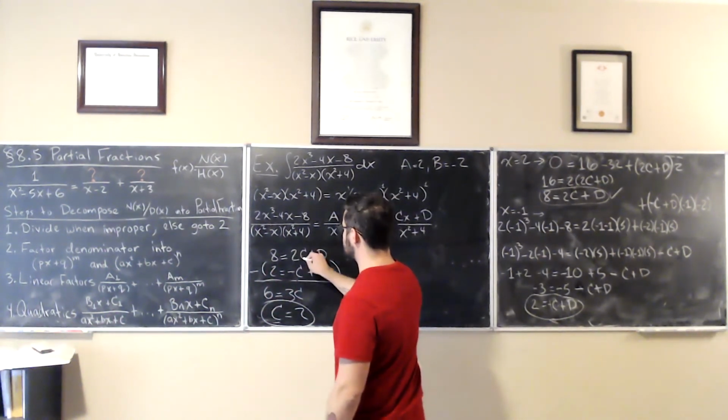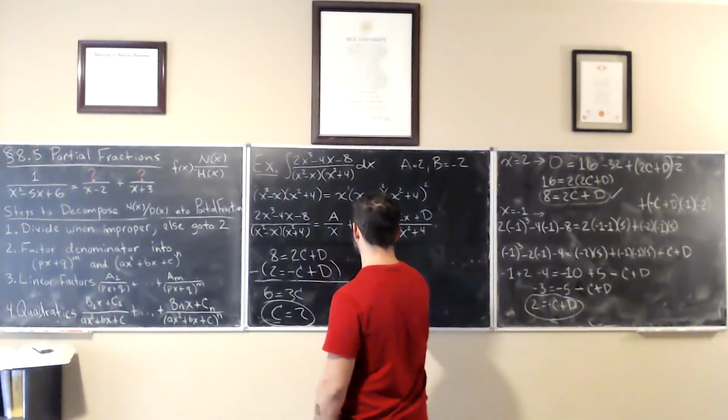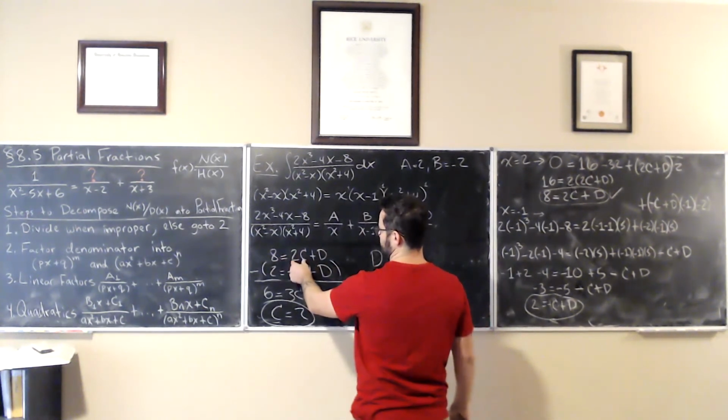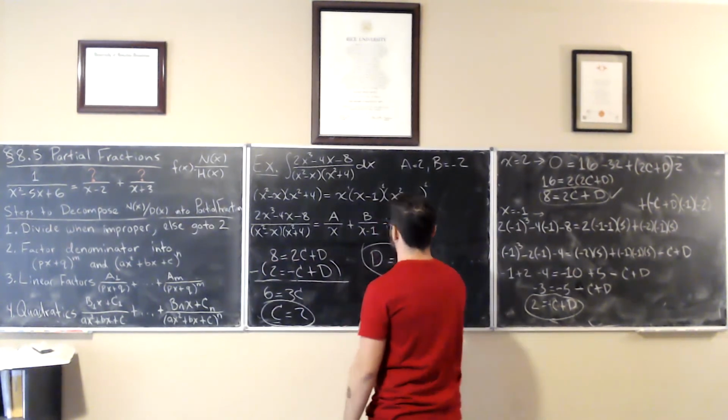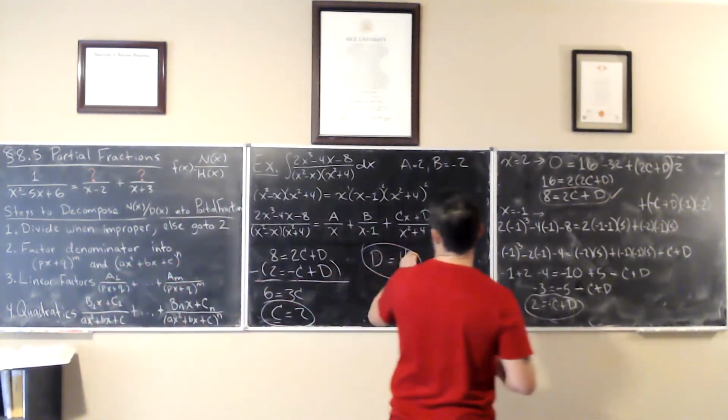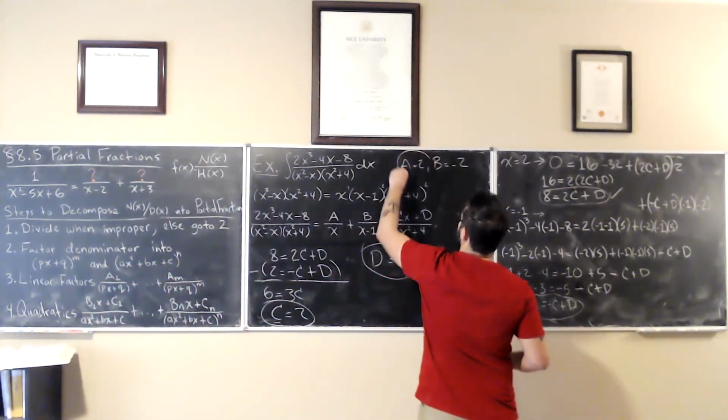So 2c, so this is 4, 8 minus 4 is equal to d. So d is equal to 4. Just plug in there, 4, 8 minus 4, that's d. All right. So now we have all of our guys.